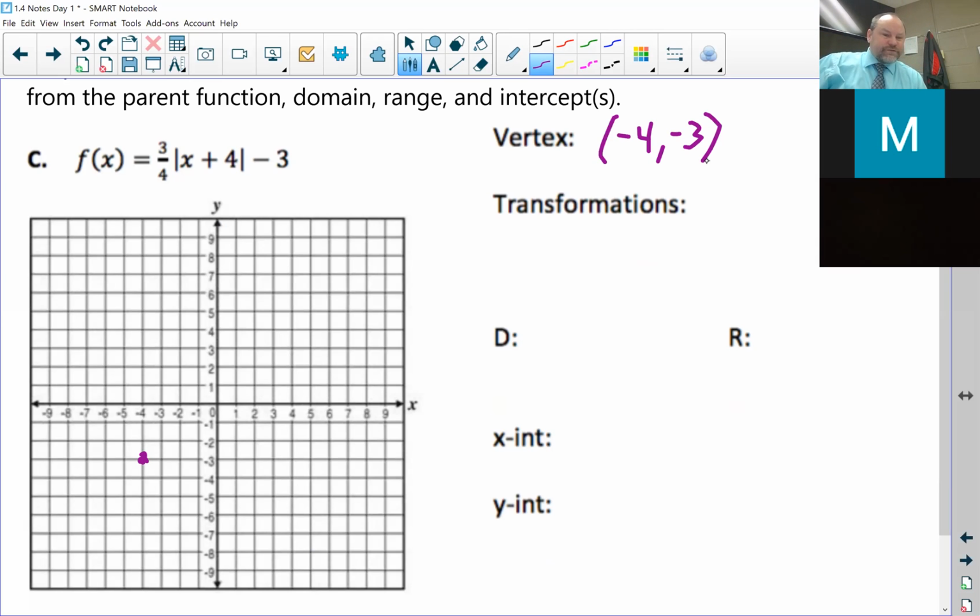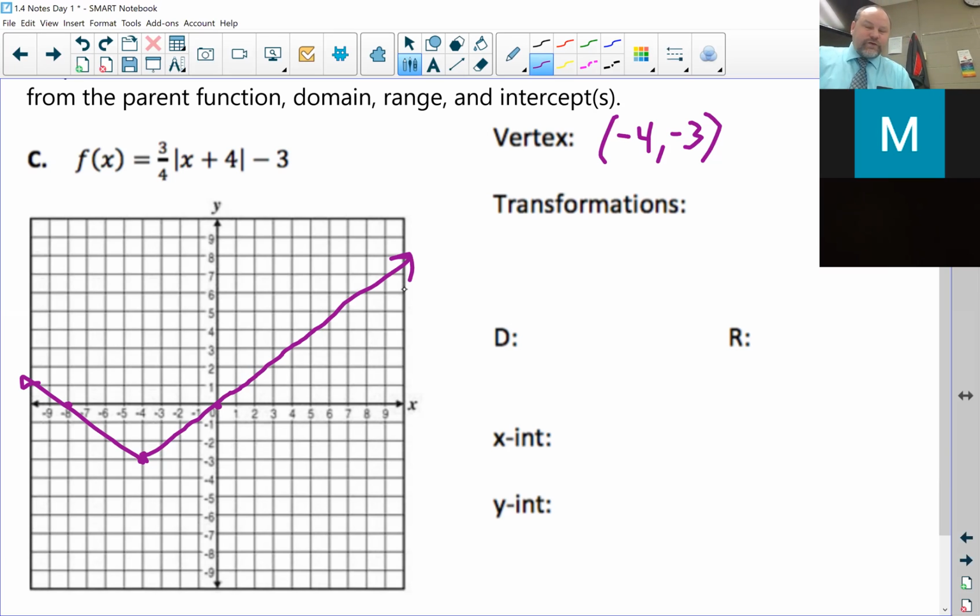The 3/4, for the kind of slope, go up 3/4. And then draw that in. As good as I can anyway.